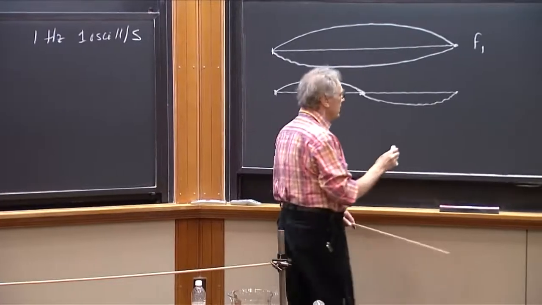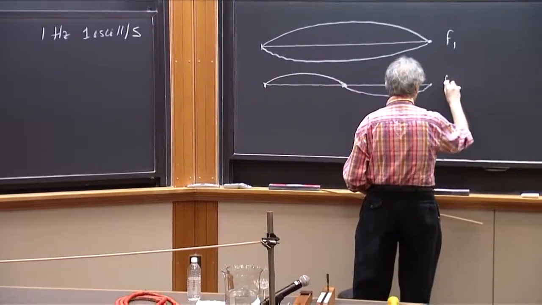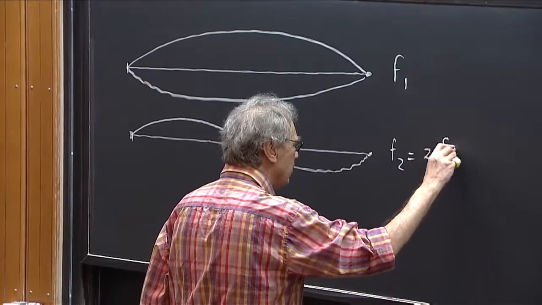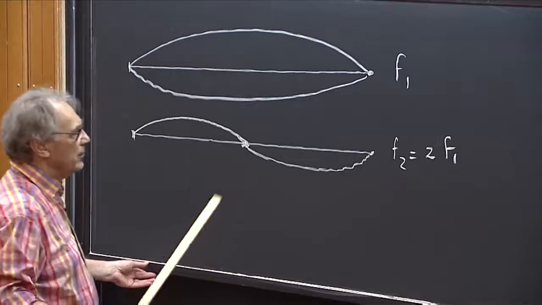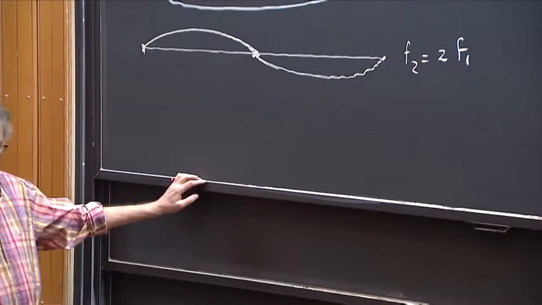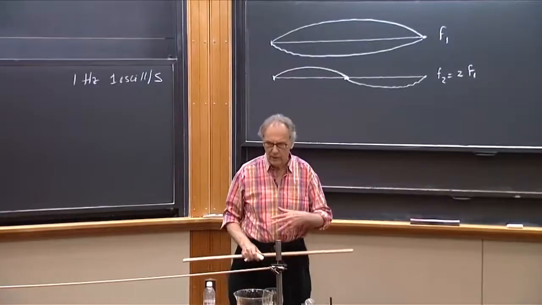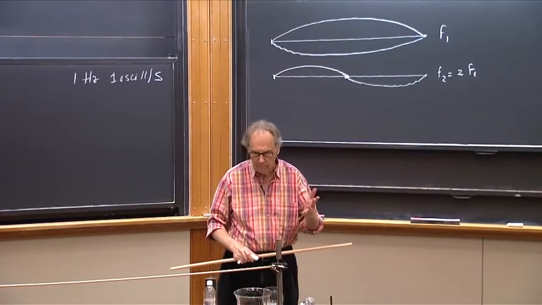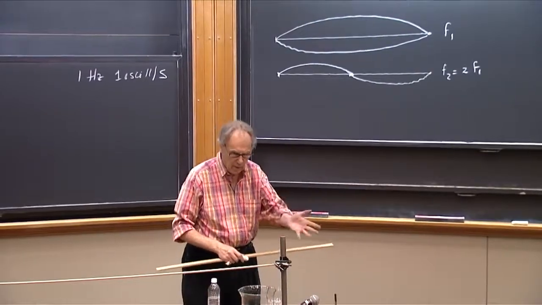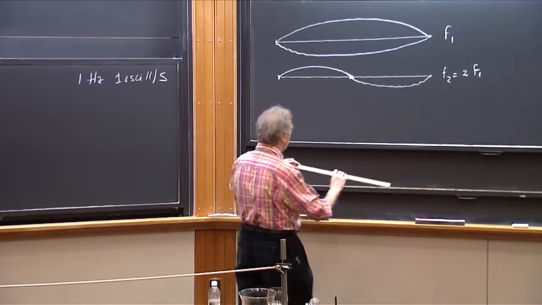This then is the second harmonic, F2. And F2 has exactly twice the frequency as the first harmonic. The first harmonic is also often called the fundamental. And I may use either one of them. When I say fundamental, I mean first harmonic. When I say first harmonic, I mean fundamental. It's one and the same thing.